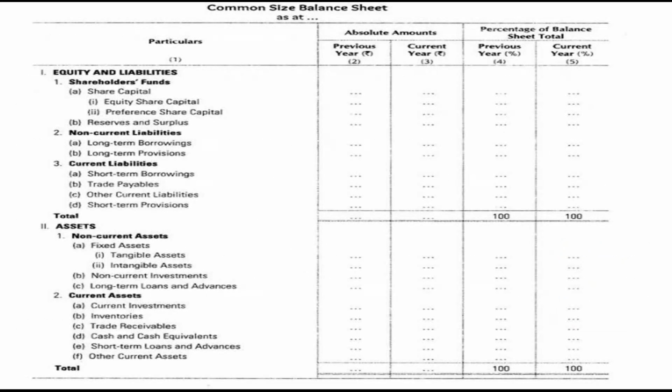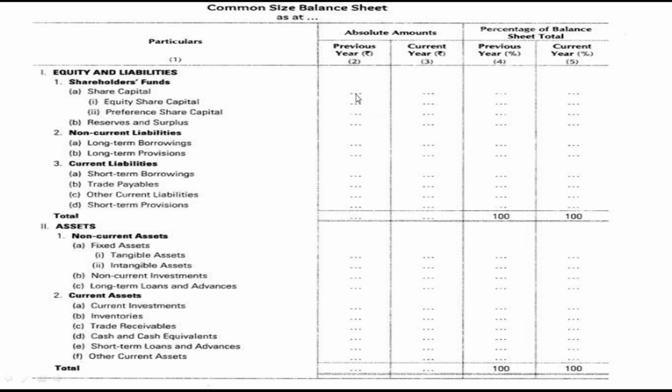This is the format of the common size balance sheet, as per the Companies Act 2013. Here each individual asset and liability appears for the previous year and current year. The percentage here means the percentage of an individual asset or liability in the total of the balance sheet.